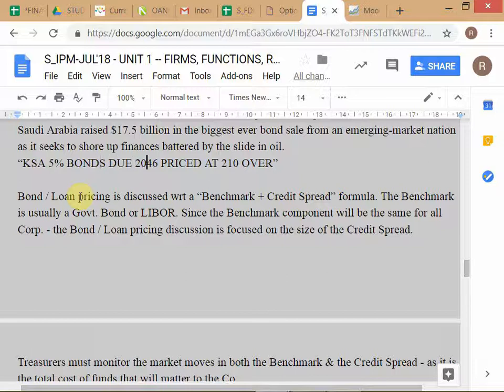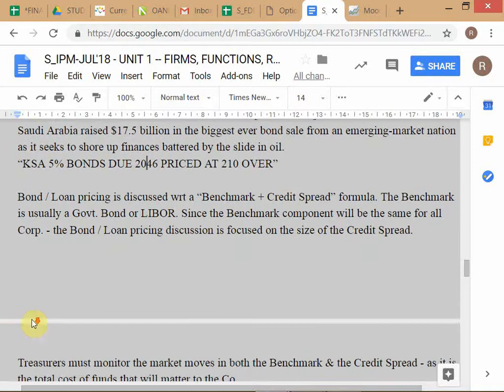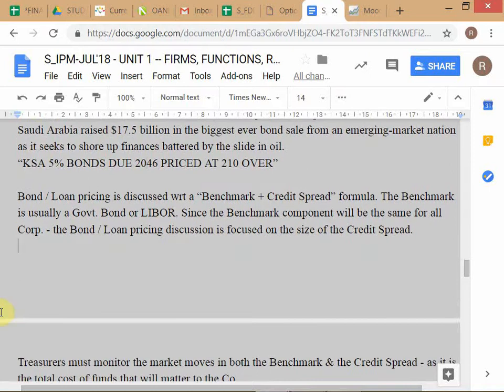Now, LIBOR. What will happen in LIBOR if you're issuing an FRN? Let's say the Intel FRN, due, same thing.